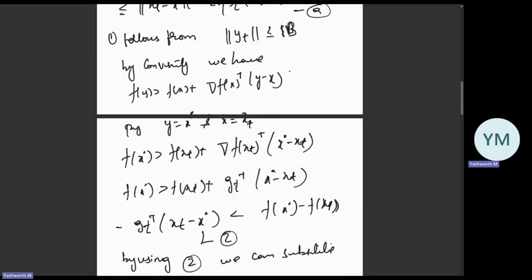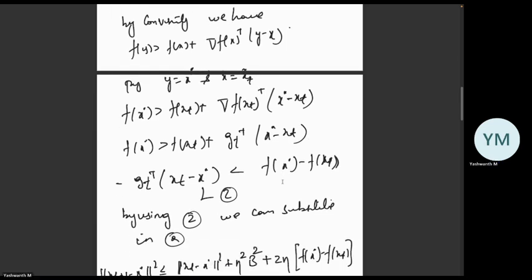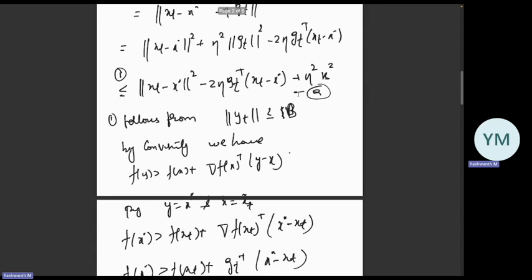So this can be rearranged and written like this. The same thing: minus g_t transpose times x_t minus x star is less than or equal to f of x star minus f of x_t. And by using this, call it (2), we can substitute in (1).